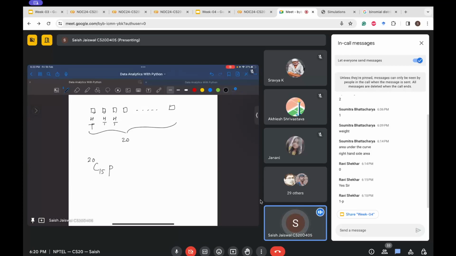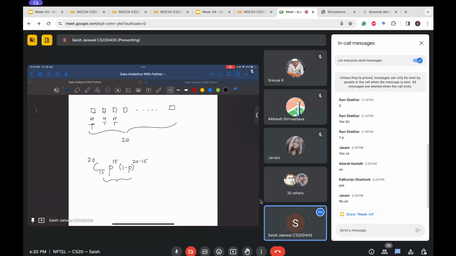So it will be P to the power 15, 1 minus P to the power 20 minus 15. Is everyone getting why P to the power 15 and 1 minus P to the power 20 minus 15 is coming into the picture? Any query on this, or is it clear? Adesh, do you have any query, or do you want me to explain? Sir, explain again, sir.